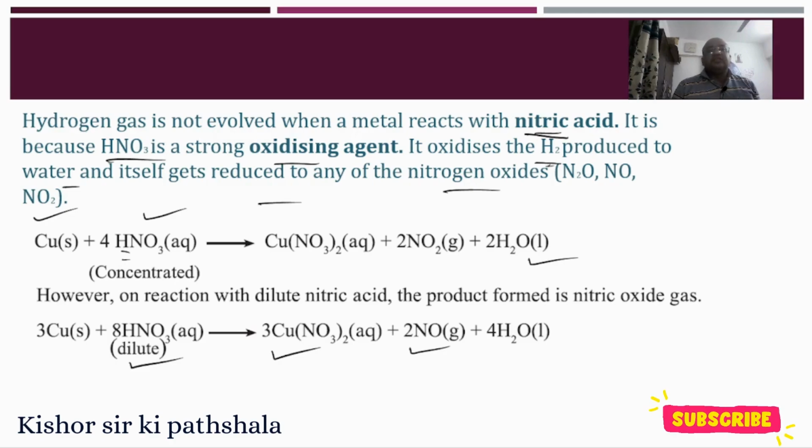So these two reactions are very important: in both cases I get copper nitrate, but in concentrated and dilute acid I get different products, nitrogen dioxide and nitric oxide.